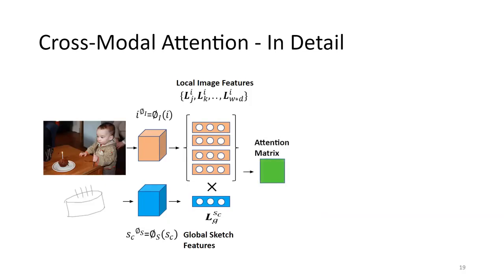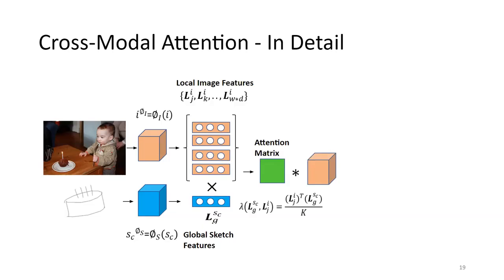After that, an attention matrix is generated, which indicates the spatial compatibility between each location on the target image and the sketch query. The compatibility score is computed by a scaled inner product between the global sketch vector and each location of image feature vector.